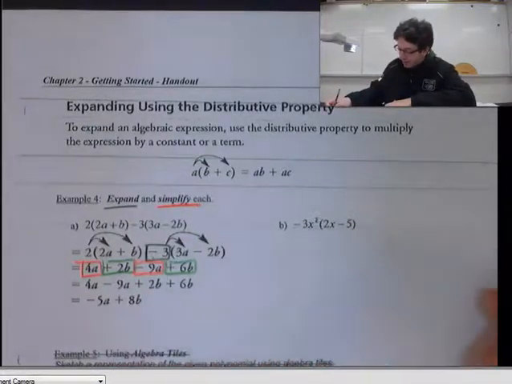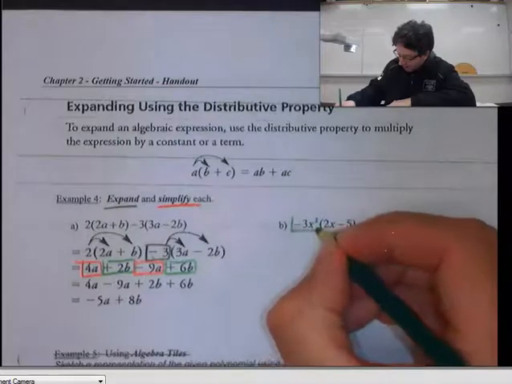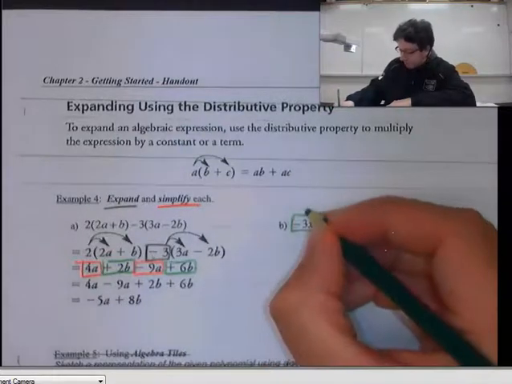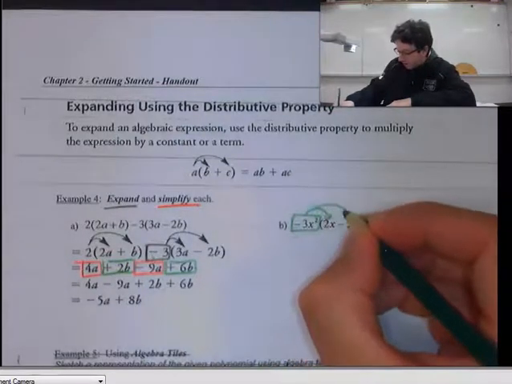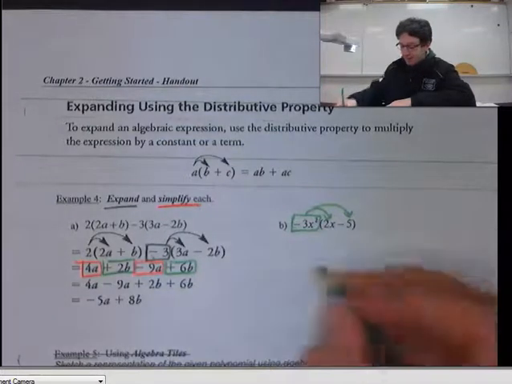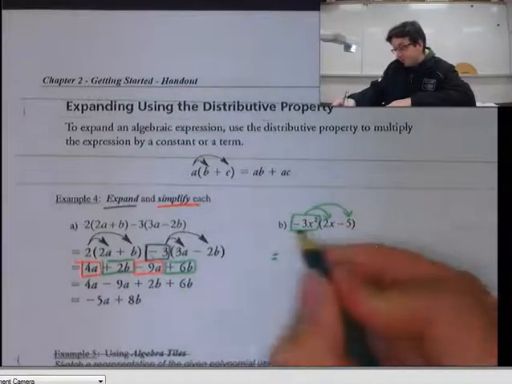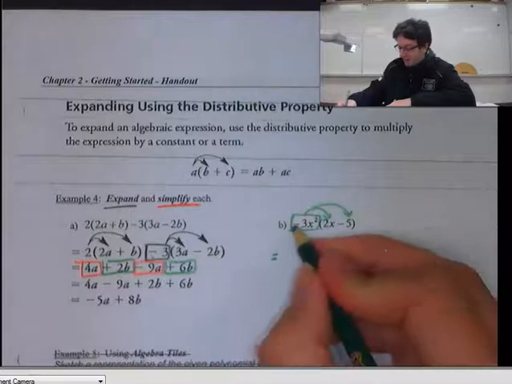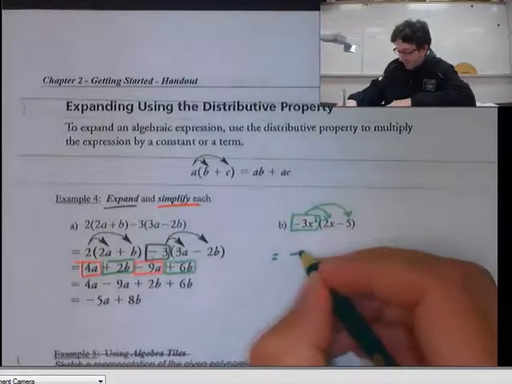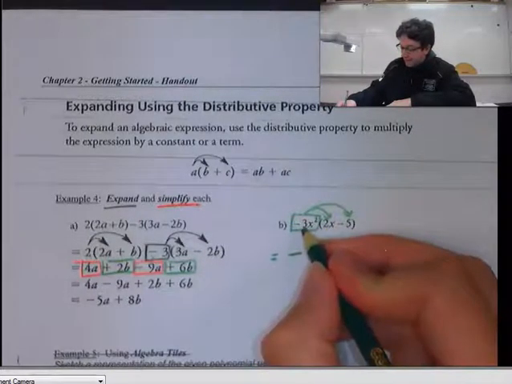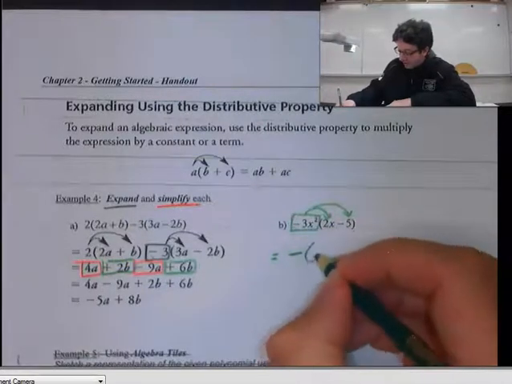So we can do the same thing here. Just have to remember that that entire term gets multiplied into every term inside of the brackets. So first you can look at the sign. A negative and a positive gives us a negative. Then the coefficient, 3 times 2 gives us a 6.